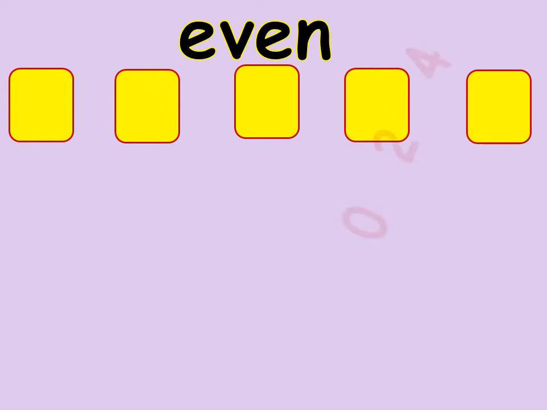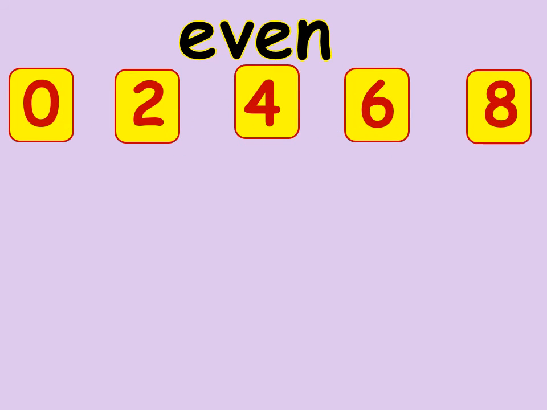So, even numbers. Let's practice a little more here. 24. What do you think? Is that even or odd? You got it. If you looked at this number here, you saw it was a 4. So is it even? Yep, it sure is. 4 is even.